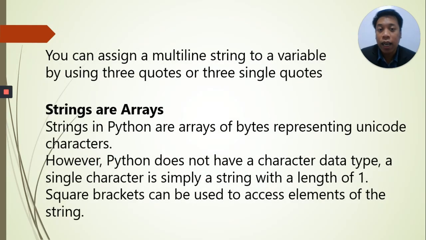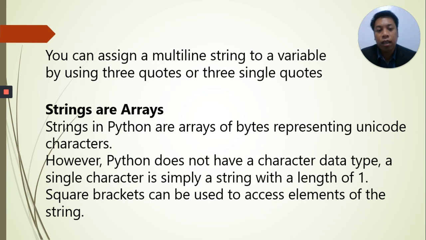We can also assign multiple strings to a variable by using three double quotes or three single quotes. We will see that later, if you want to write a paragraph or string with multiple lines in a single variable, we can do that. Strings are arrays also. In Python, arrays of bytes representing Unicode characters.